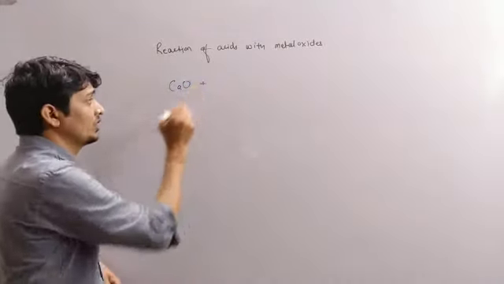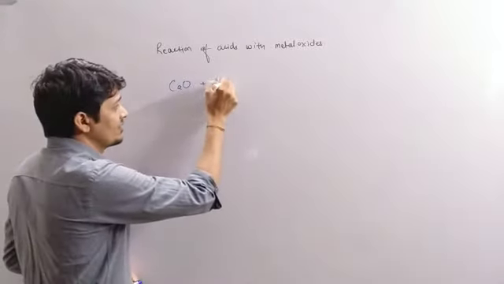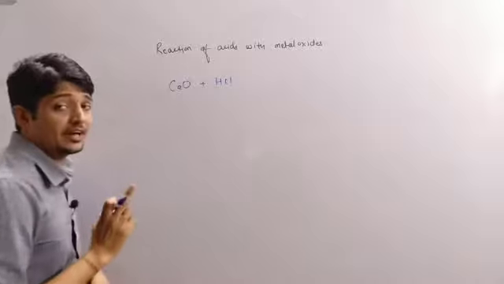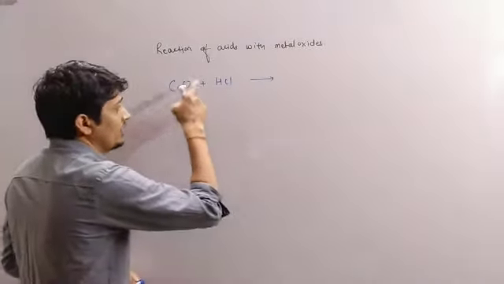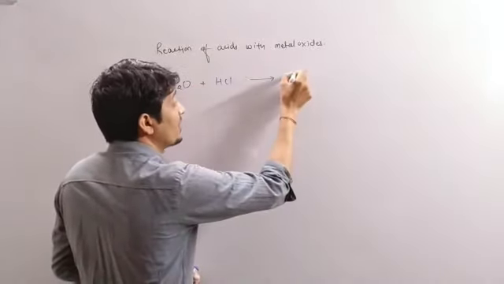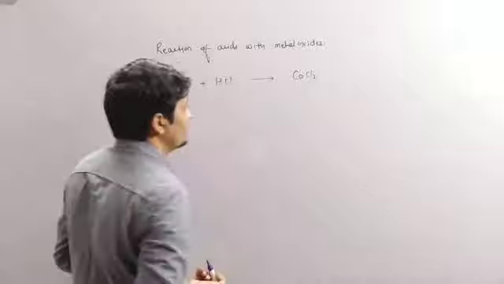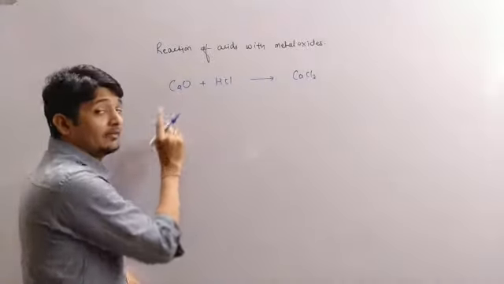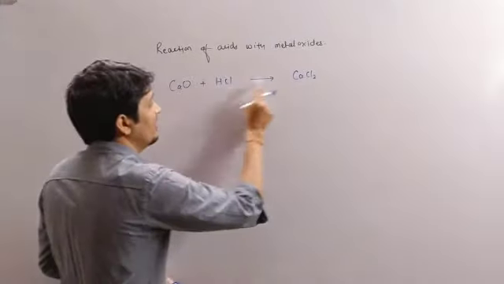When calcium oxide reacts with acid, that is HCl, or any dilute acid you can take, HCl being hydrochloric acid, they form a metal chloride, that is the metallic salt, CaCl2. Here calcium has valency 2, so it will react with 2 chlorine atoms.